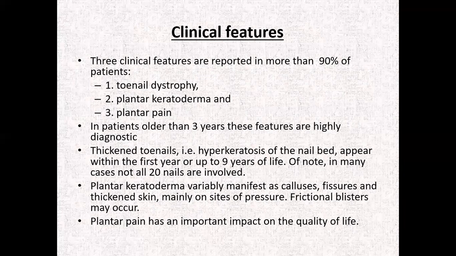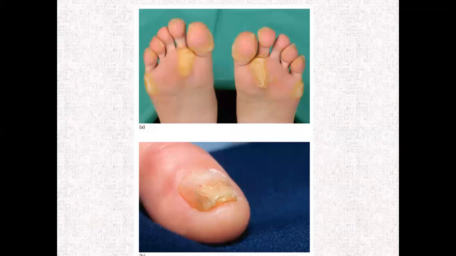Of note, in many cases all 20 nails are not involved. Plantar keratodermas variably manifest as calluses, fissures, and thickened skin mainly on the pressure areas, and friction blisters may also occur. Plantar pain is an important aspect of Pachyonychia congenita, and it definitely affects the quality of life.